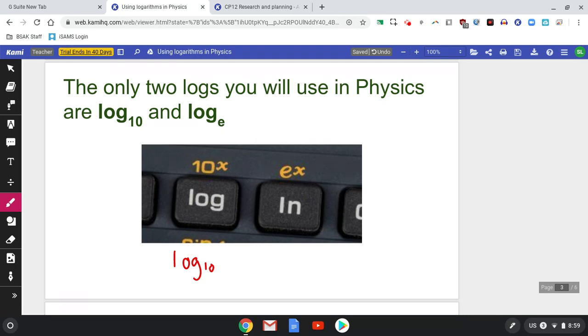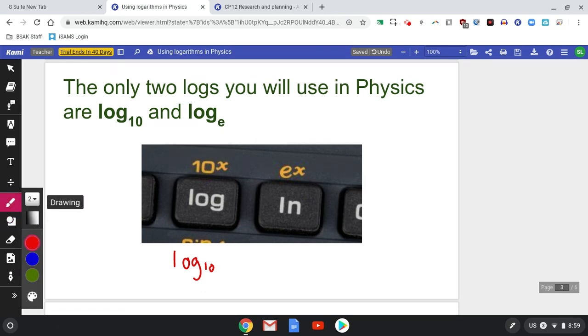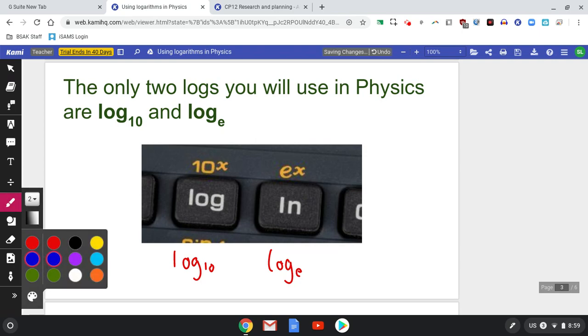So ln just means log to the base e, where e is a mathematical constant. Don't ask me where it comes from, I can't remember, but it's roughly 2.718 to 4 significant figures. But your calculator knows that. You'll never have to key that into your calculator.